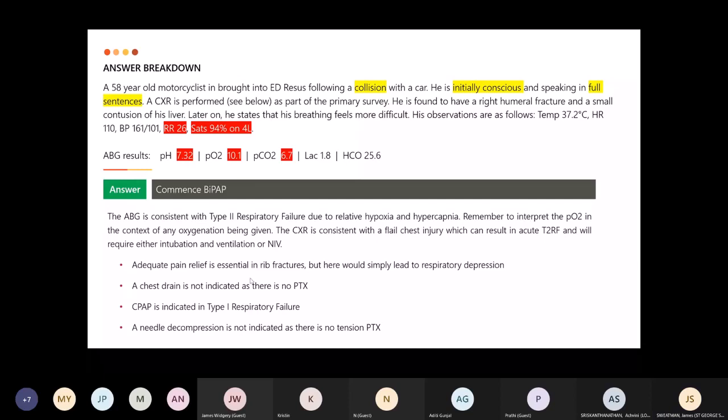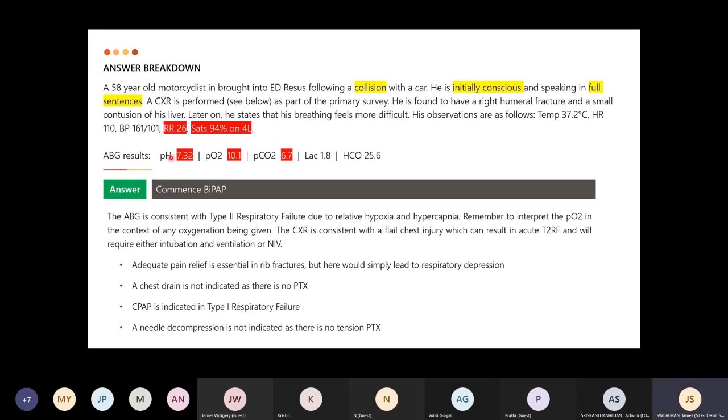So the key here is the ABG. He's acidotic. We know he's not saturating well because he's on 4 litres of oxygen and he's barely maintaining SATs 94 to 98, and his respiratory rate is 26, and he's telling us his breathing is really difficult.